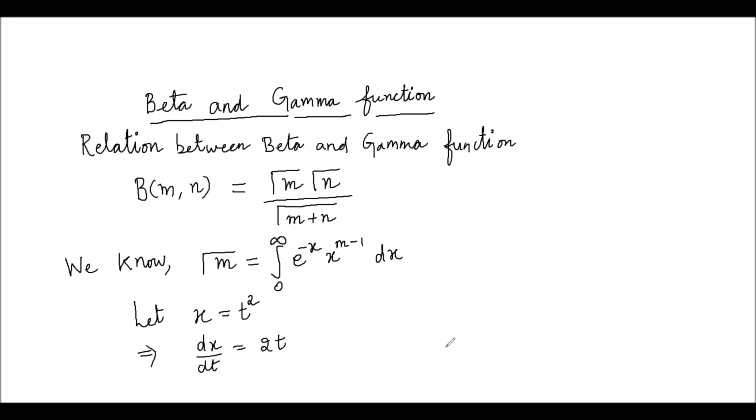So dx will be 2t dt. After having this substitution, this gamma m will be reduced to gamma m. There will be no change in the limits. The limits will be same, 0 to infinity.